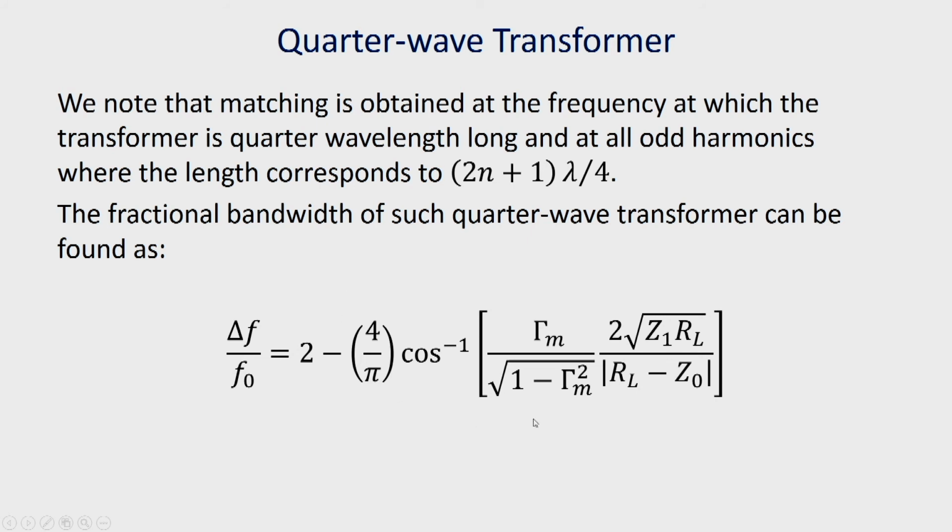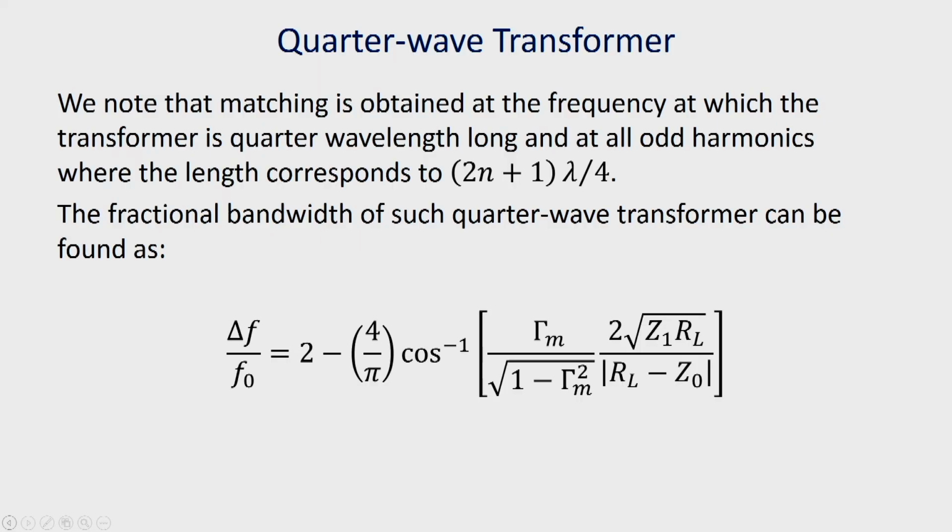So, this expression will give the fractional bandwidth for the quarter wave transformer, and we can actually have different fractional bandwidth depending upon the maximum value of the reflection coefficient at the passband edges that we are ready to accept.